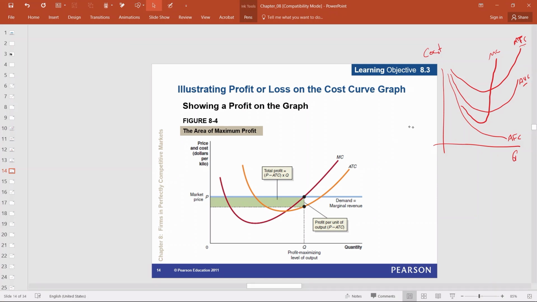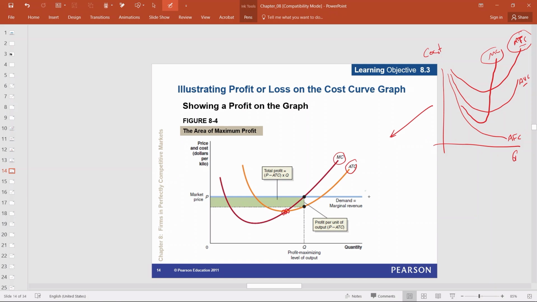For this graph, these two are taken here, but we'll use them all later on. So we have here marginal cost and average total cost, and they intersect at the minimum of the average total cost.